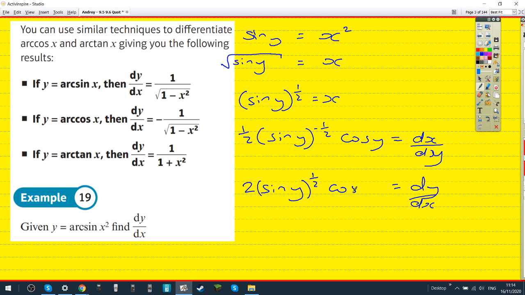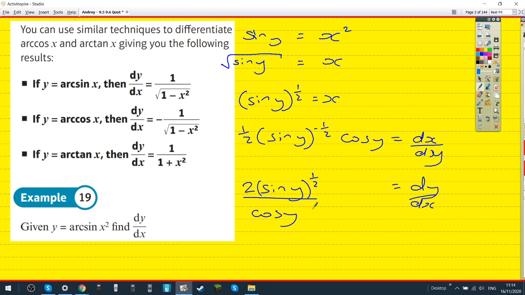Yeah. Well, hang on, 1 over that one. So I'm just kind of simplifying as I go. A half, if you do 1 over half, you get 2. If you do 1 over a negative fraction, you can bring it up, making it a positive.